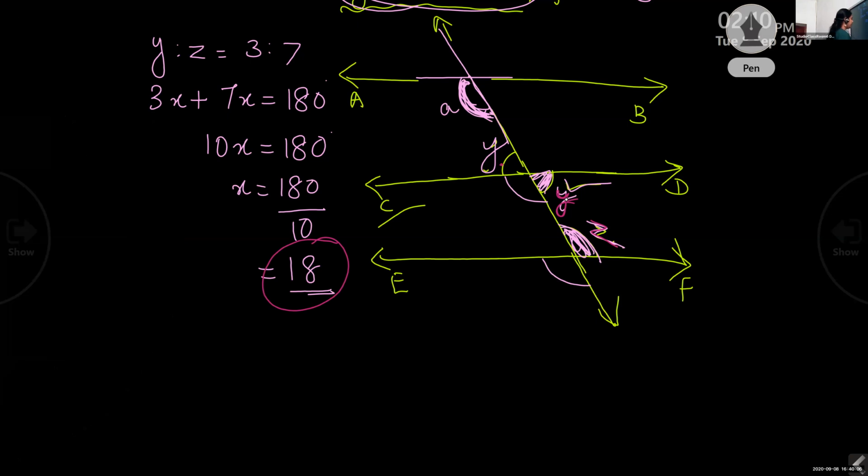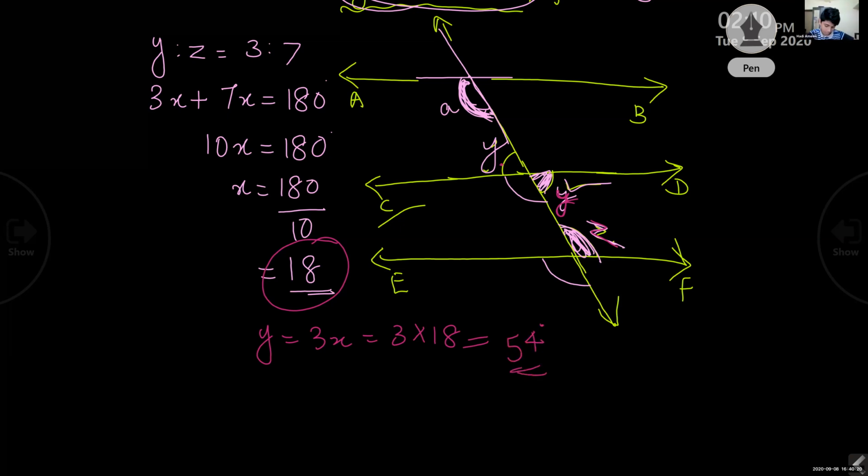So angle Y equals 3x equals 3 into 18, which is 54. And Z equals 7x, 7 into 18 equals 126.